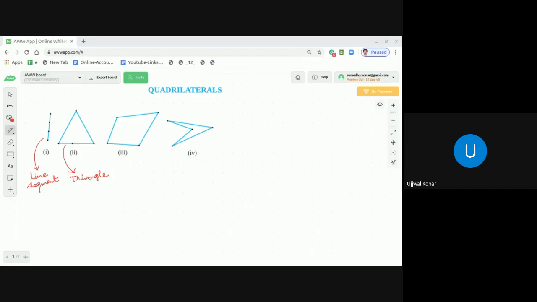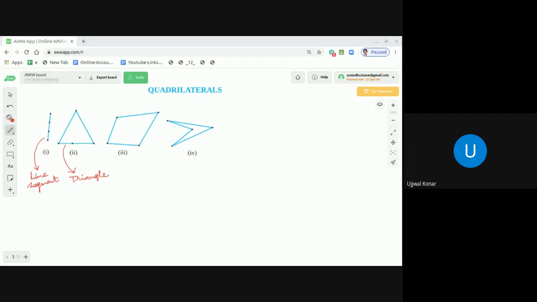I repeat my statement: a figure formed by joining 4 points in an order is called a quadrilateral. Whatever we are going to discuss is about the figure in diagram 3, but not in 4. I'll explain in detail why we are only interested in 3 and not in 4.